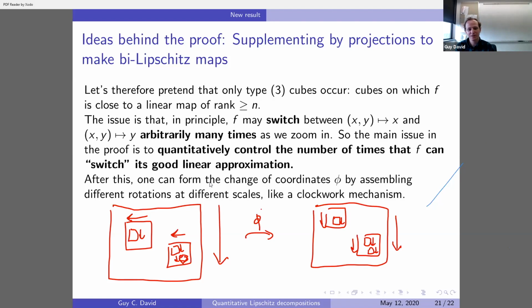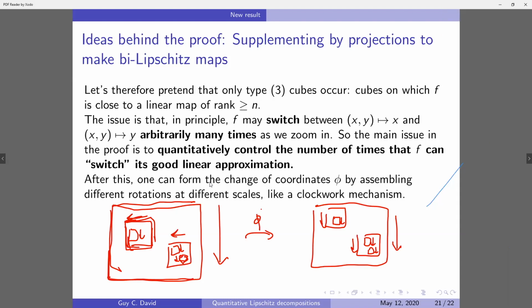So at this cube, your mapping is well approximated by a projection, maybe by a downward projection. Maybe at the next scale, it's also well approximated by a downward projection. But eventually you come to this cube here on which your mapping looks a lot like a sideways projection. It doesn't look like the downward projection. So that's a new scale that you have to deal with, right? And what we control is how many times this switching can happen. And I should mention again that this idea also appears in an earlier paper of David and Stems.